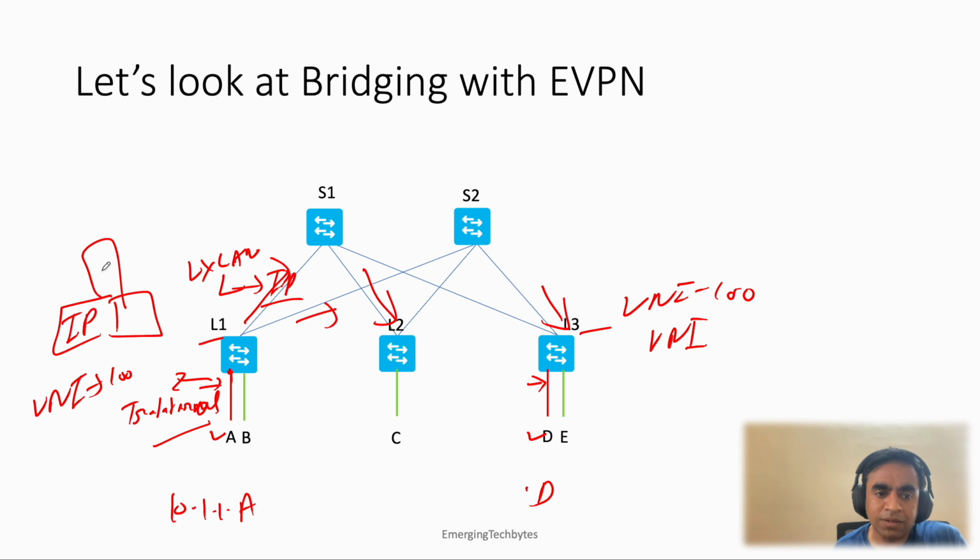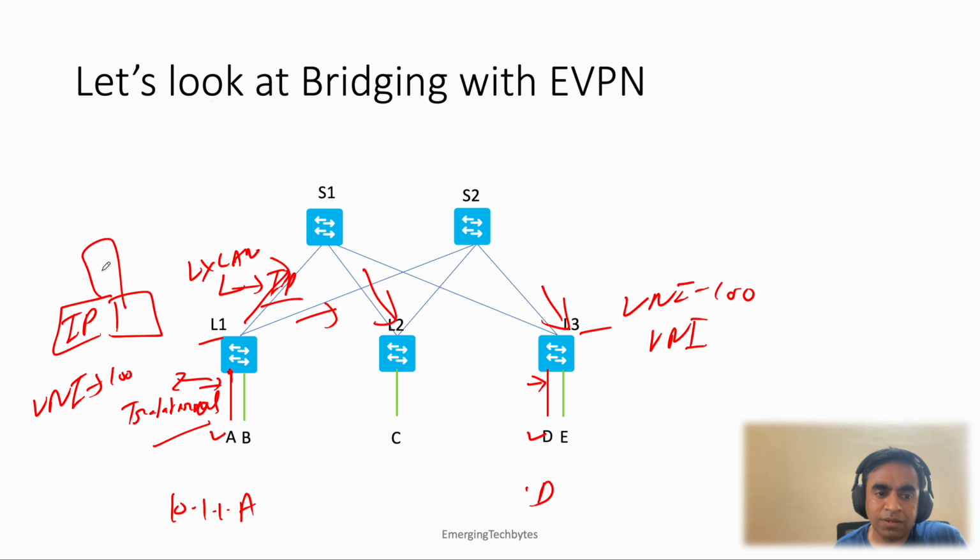So D will respond to A, but before that, with EVPN, there is one more thing that will happen that doesn't happen with the traditional network. What is that?